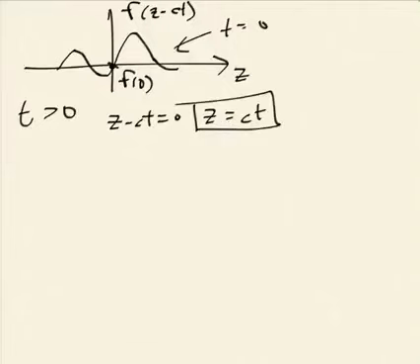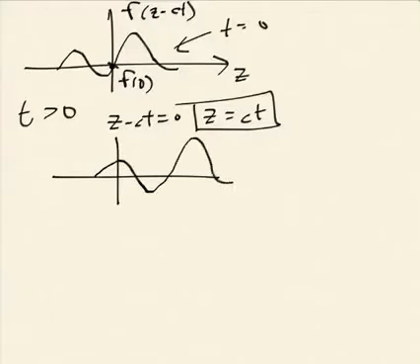So the point where the argument of the function is 0 will move in z. So if I look later in time, the pattern will have moved like this. And here's the new location where that function used to be. So this just represents some pattern just moving to the right in this case at the speed of light.